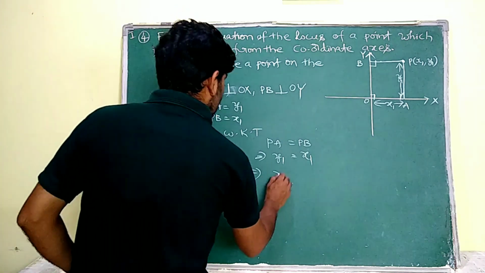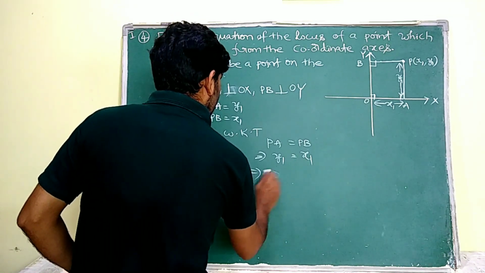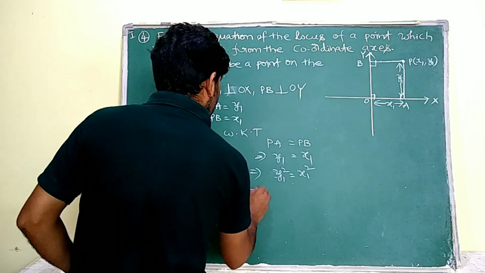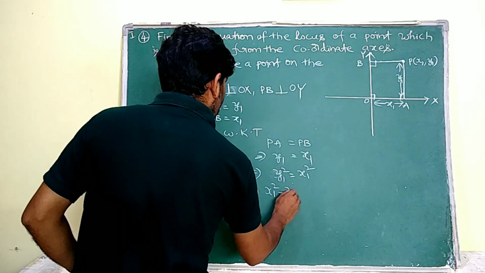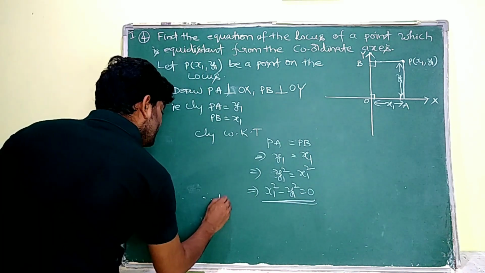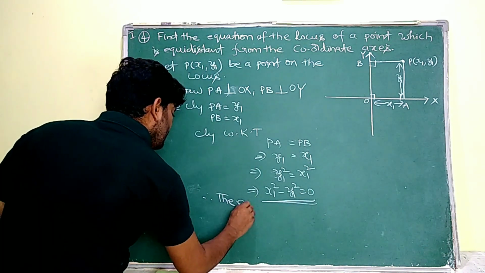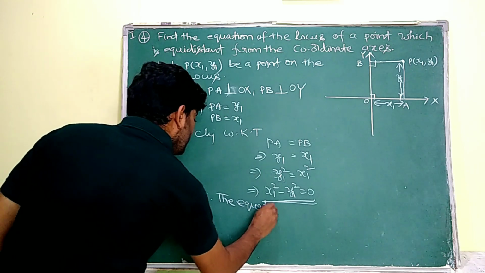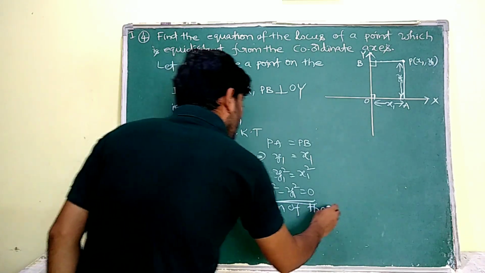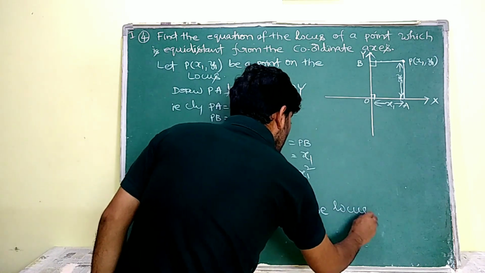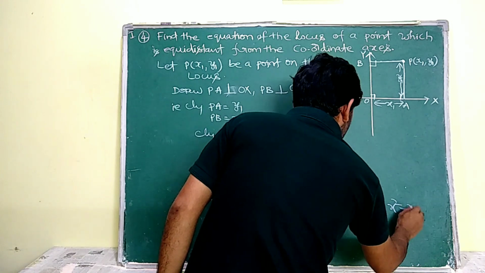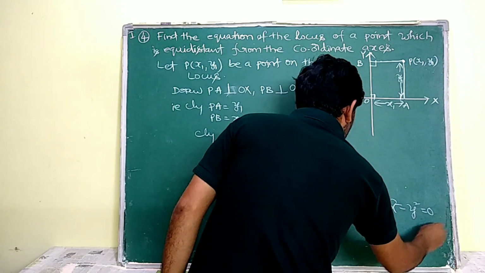That is why y1 square is equal to x1 square. That implies x1 square minus y1 square is equal to 0. That is the equation of the locus: x square minus y square is equal to 0.